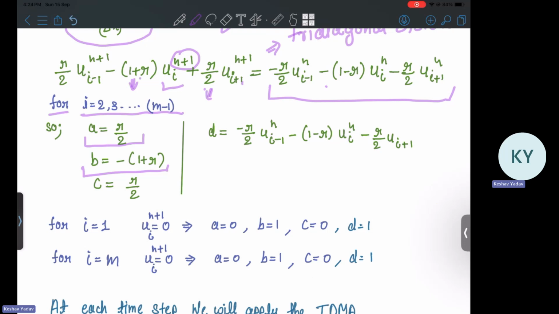Now what I am trying to do is write it as a TDMA tridiagonal system: a u_(i-1) at n plus 1, plus b u_i at n plus 1, plus c u_(i+1) at n plus 1 will be equal to some d_i. Okay, this is what I am trying to write now.